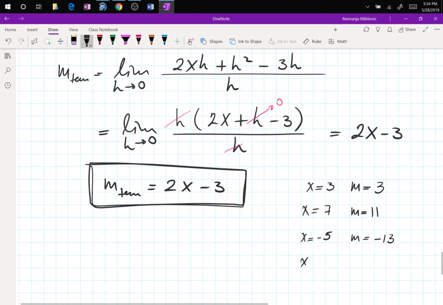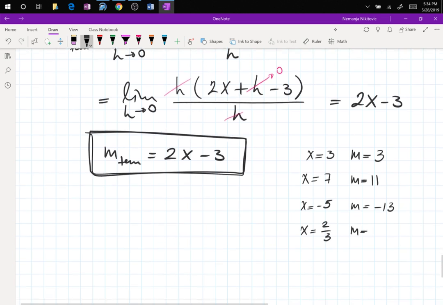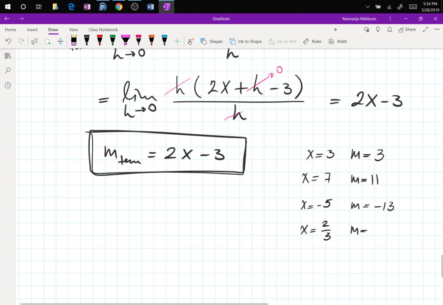Remember I mentioned 2/3? What's the slope for 2/3? Not 2/3, sorry, 3/2. 3/2 is easier. 0. Slope is 0, right?